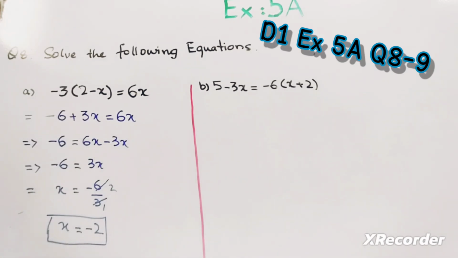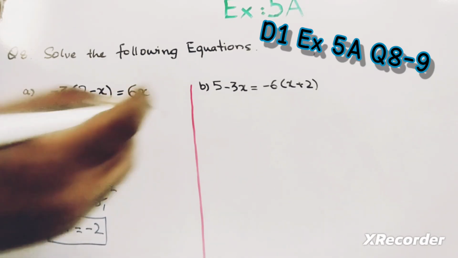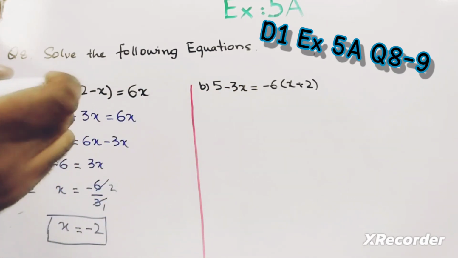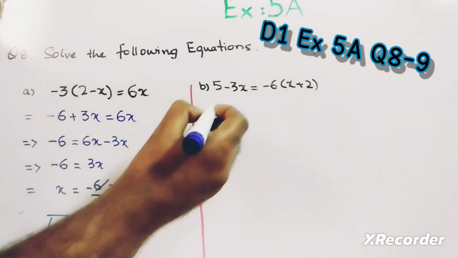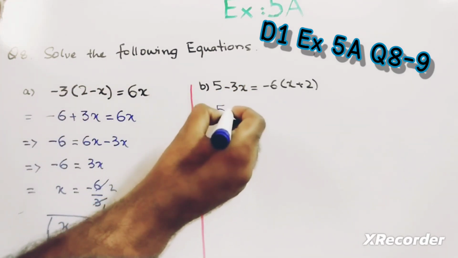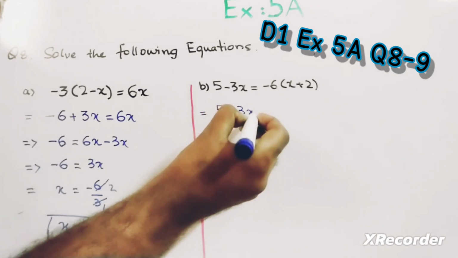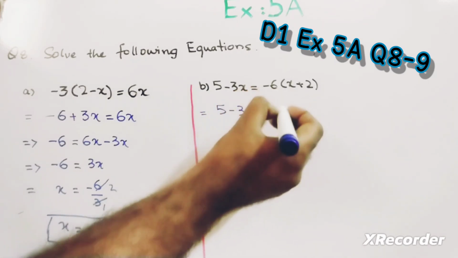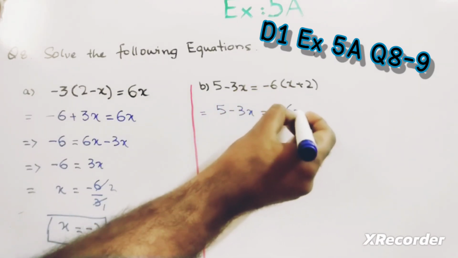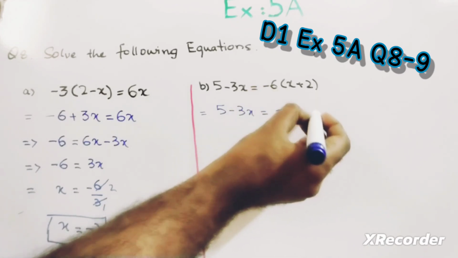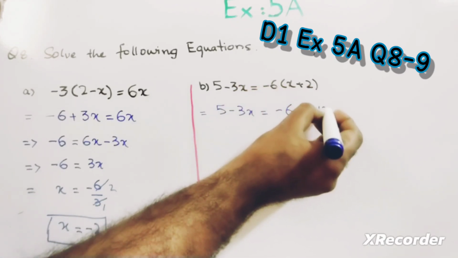Similarly, part B, 5 minus 3x is equal to minus 6 bracket x plus 2. Let's start. First of all, we solve the bracket. Minus times plus 6 times x is minus 6x, minus times plus 6 times 2 is minus 12.